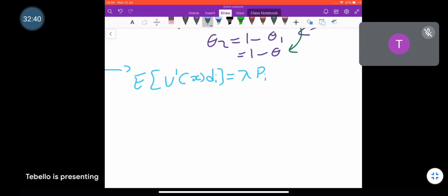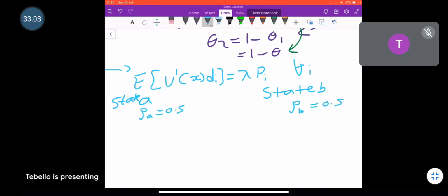So we have two states, state A and state B. State A has probability 0.5 and state B has probability 0.5. They say that they have equal probability. So to answer this question, this is what you will do.